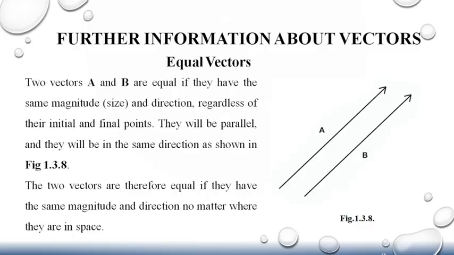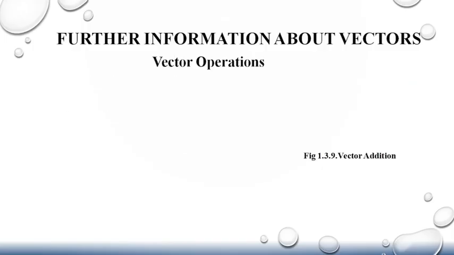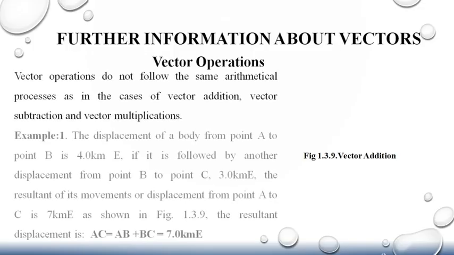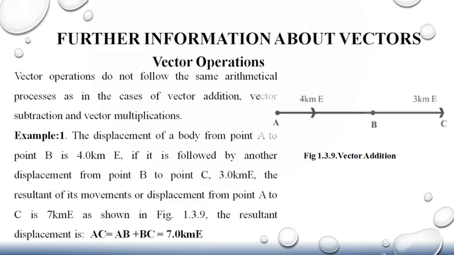Vector operations. Vector operations do not follow the same arithmetical processes, as in the case of vector addition, vector subtraction, and vector multiplications. Example 1. The displacement of a body from point A to point B is 4 kilometers east.